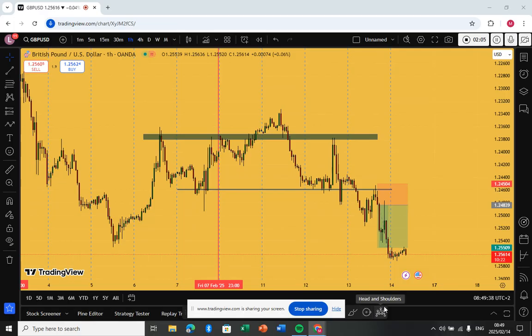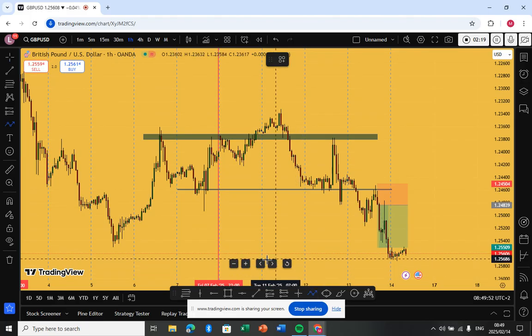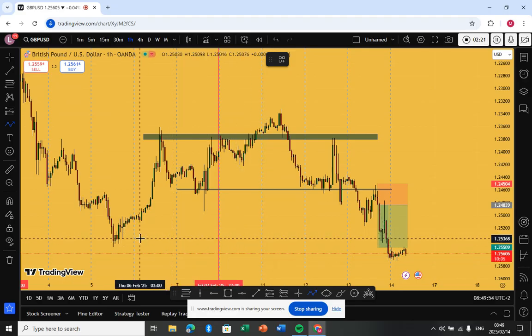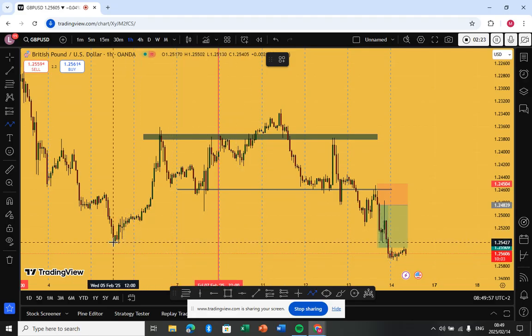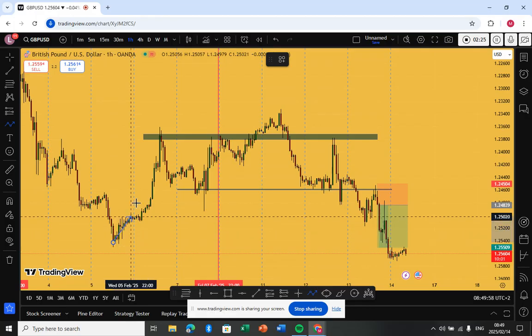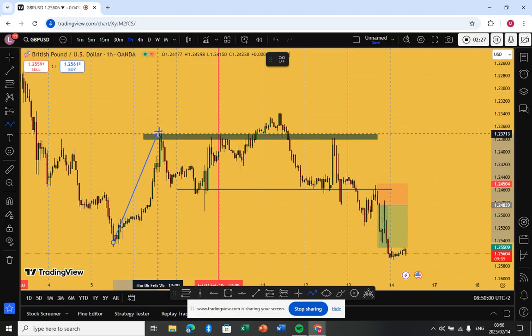Because if I take a setup without this shift of structure, I feel like I have to include a lot of things. But once the structure shifts, I definitely know that the market has already decided to go in a certain direction.